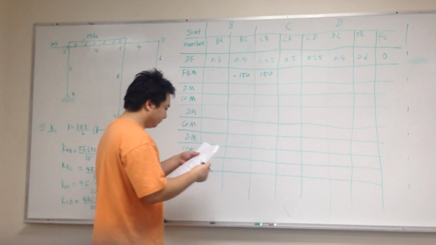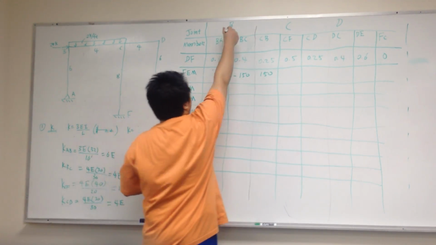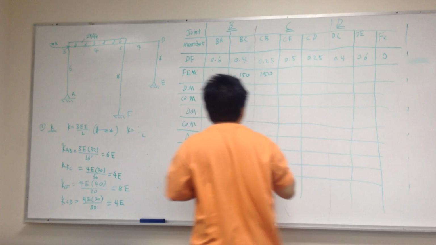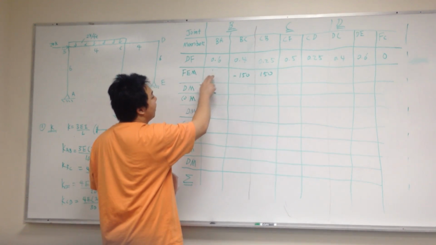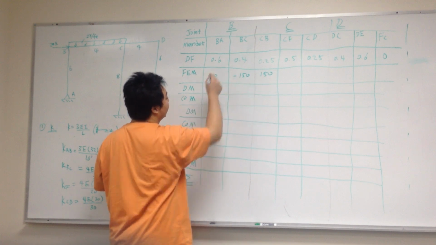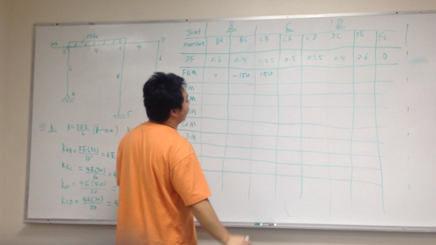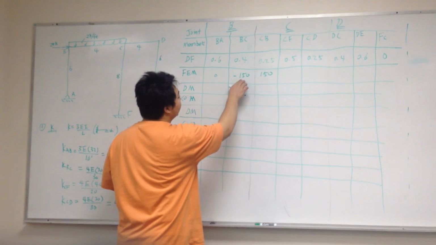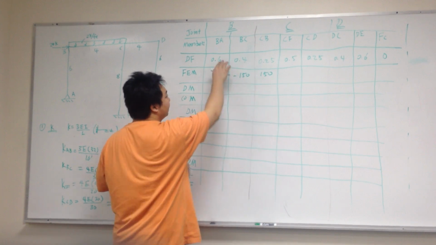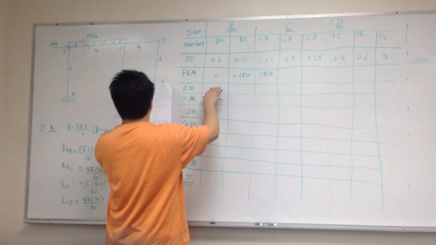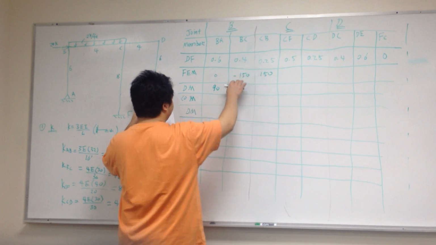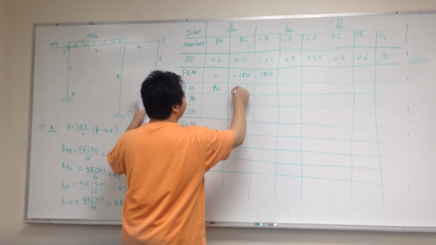So let's start looking at joint B, joint C, and joint D. For joint B, you have to add up the fixed end moment. In this case, this is 0, nothing here. So 0 plus negative 150, you have negative 150. You take this number times the distribution factor. Negative times this number becomes positive, so you're going to have 90, and this times this, you're going to have 60.